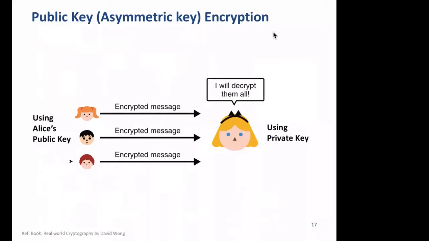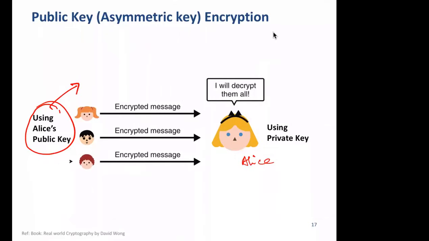Now it means that here is Alice. Anybody can send a message to Alice provided the person knows Alice's public key. If Alice has a public key, she can publish it on her website, saying this is my public key.